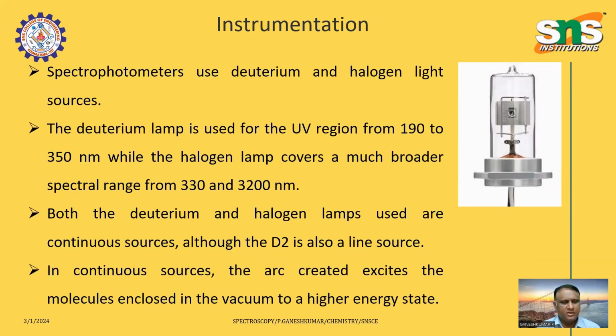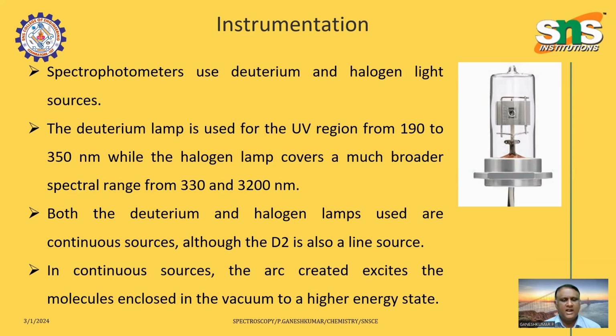And usually in spectrophotometers, deuterium or halogen light sources are used. The deuterium lamp is used for the UV region between 190 to 350 nanometers, while the halogen lamp covers a much broader spectral range from 330 to 3200 nanometers.